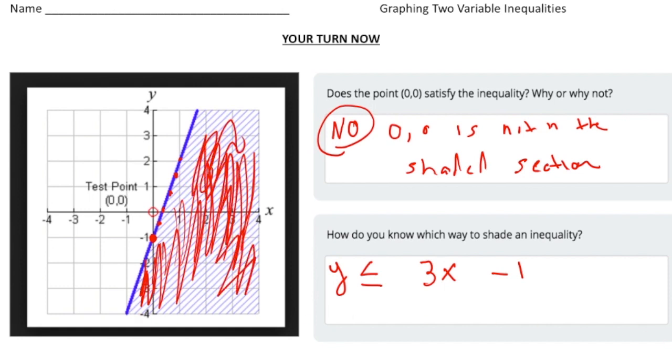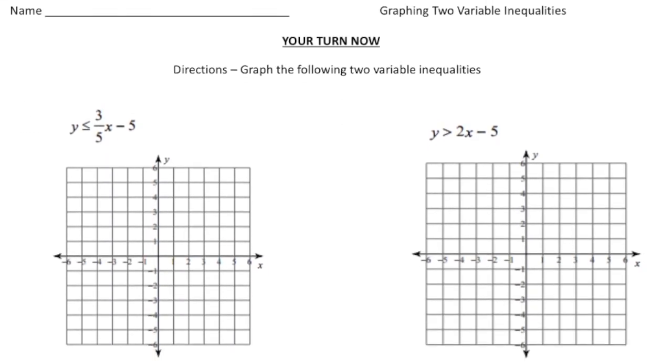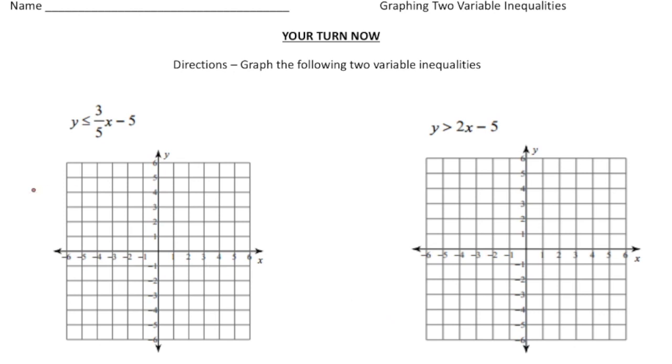Let's go to the last two problems here. Here you had to just graph the two variable inequalities. We have y is less than or equal to 3/5 x minus 5. So we're going to have a y-intercept of -5, and then a slope of 3/5. I'm going to go up 3, 1, 2, 3, over 5, right there.